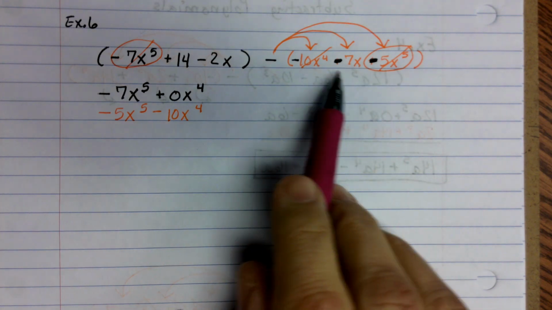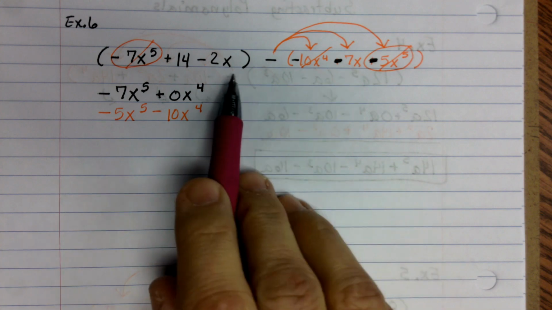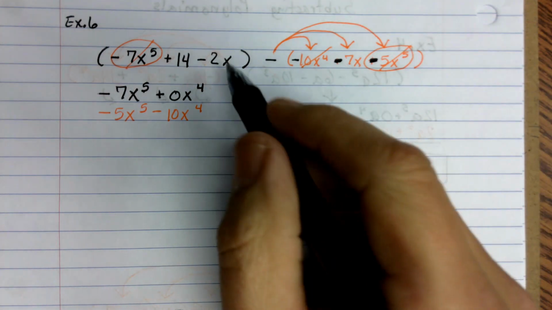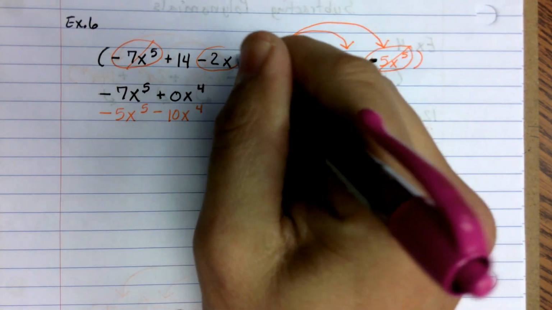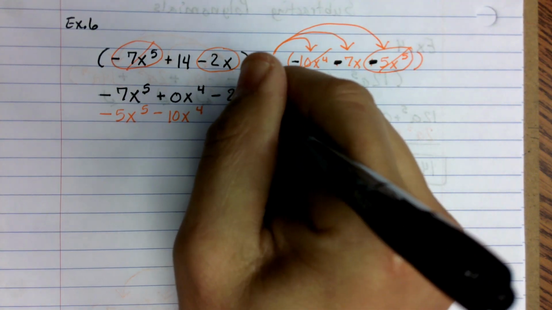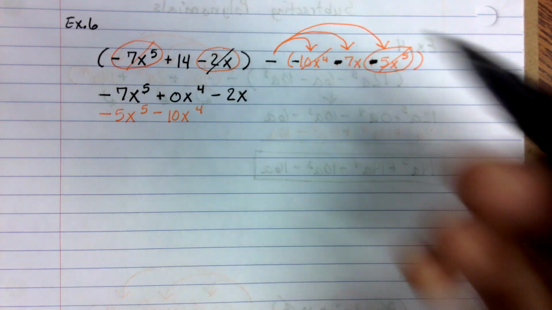And I notice I don't have anything to the 2nd power, so I'll skip it. I don't have anything to the 3rd power, so I'm not going to worry about it. And the next one I have is a negative 2x. So I'm going to bring down this negative 2x. And it's, of course, to the power of 1. Anytime you don't see a power, it's to the power of 1.